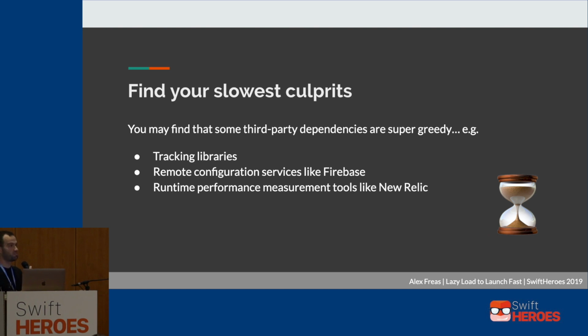It's a pretty impressive thing, but this was adding around 300 milliseconds to our app launch time. We're still using New Relic, we're trying to get off of it, but we are using it at the moment. It is a really amazing service, but there is a cost to a lot of these things.